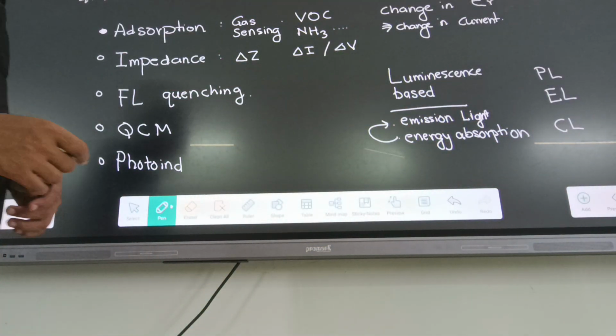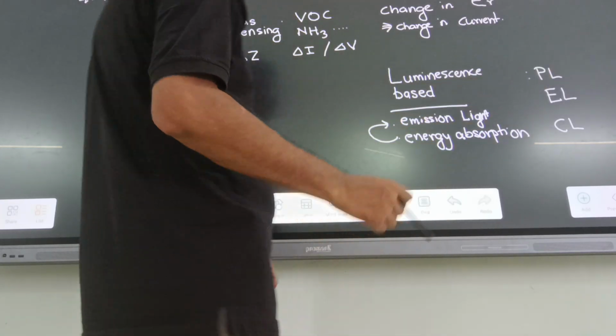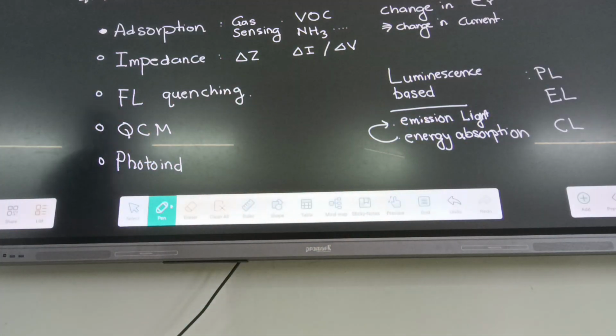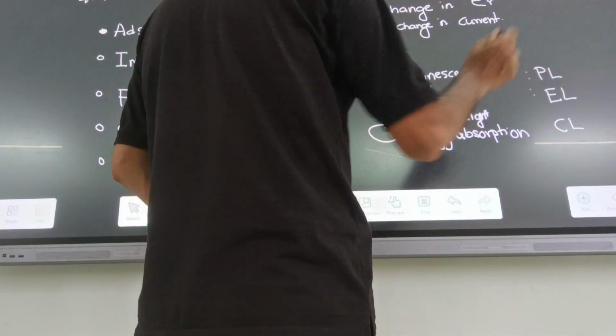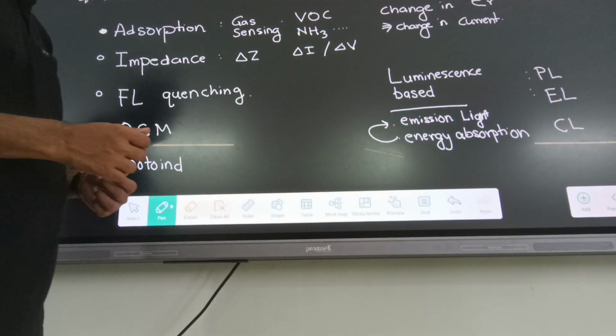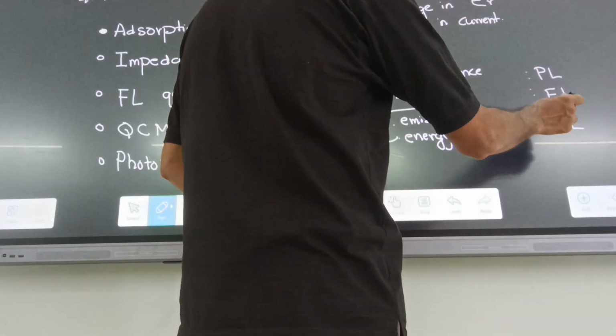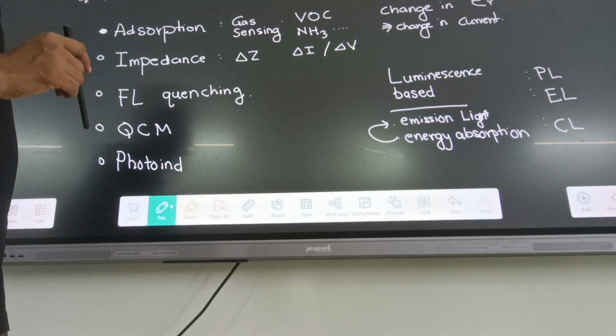If the energy absorption has taken place with the help of absorption of photons, we call it photoluminescence. If it has taken place by absorption of electrons, we call it electroluminescence. And if it has been due to some chemical reaction, then we call it chemiluminescence.